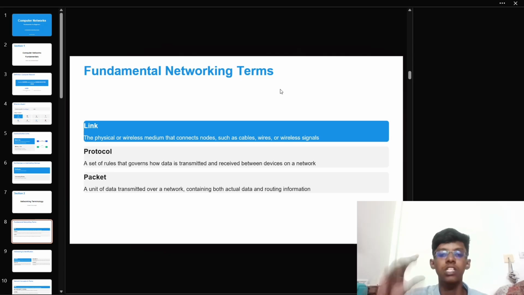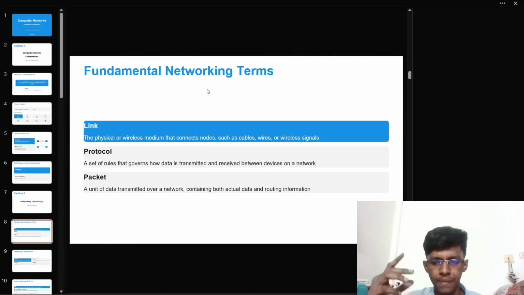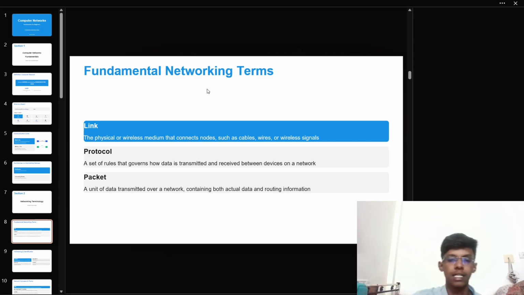It's broken into smaller units called packets. Each packet contains two things: the actual data you are sending and the routing information, like the destination address or the source address.